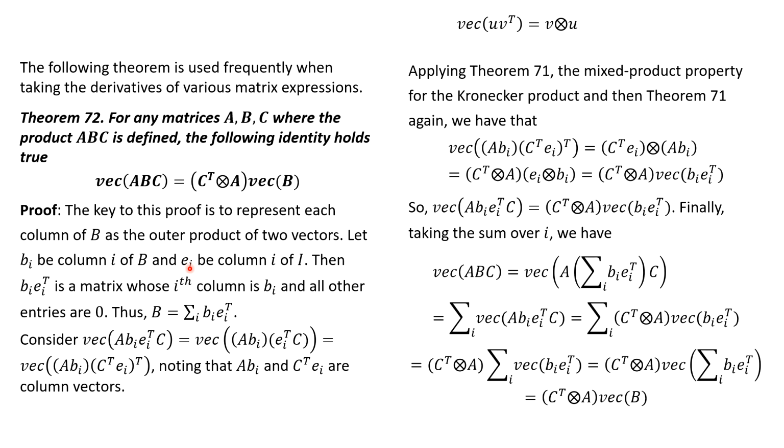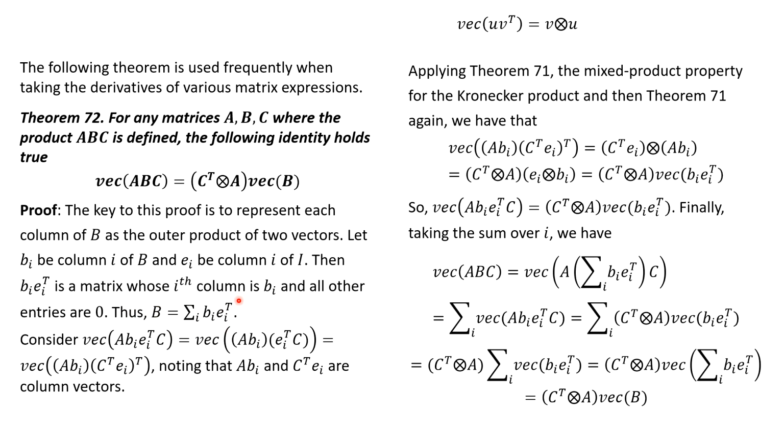In other words, E sub i is the column vector that has a 1 in position i and a 0 everywhere else. Then B sub i times the transpose of E sub i is a matrix whose ith column is B sub i and all other entries are 0. And then if you just add these up, you're going to get B.